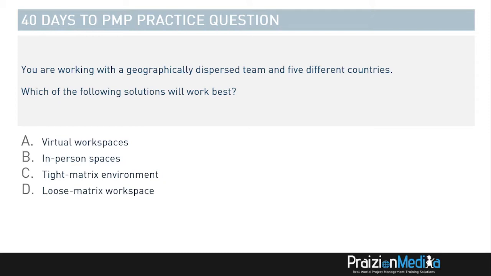All right. So, taking a look, if you need more time, hit the pause button. The best answer, it's geographically dispersed. It's definitely got to be virtual workspaces. Loose matrix workspace is bogus and made up. Tight matrix environment means co-located in person. So it can't be that.